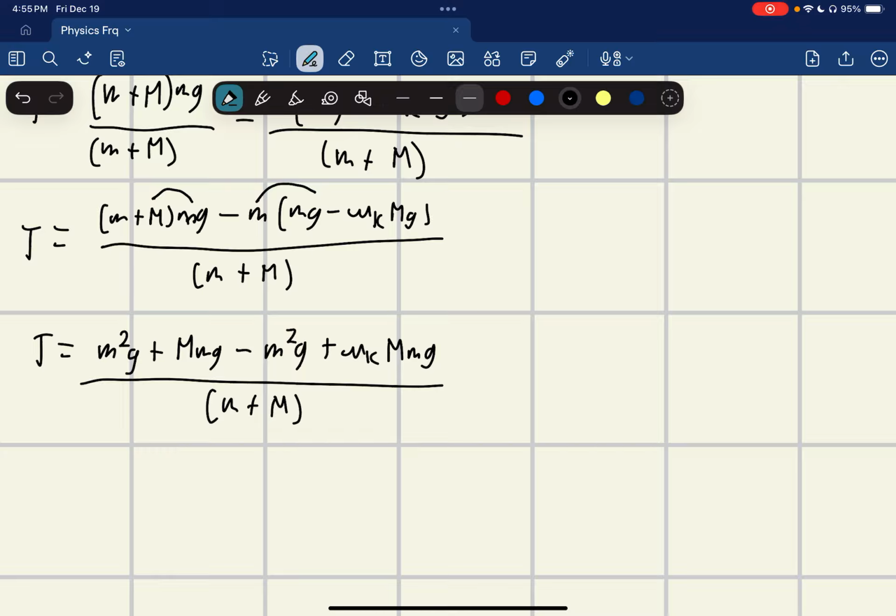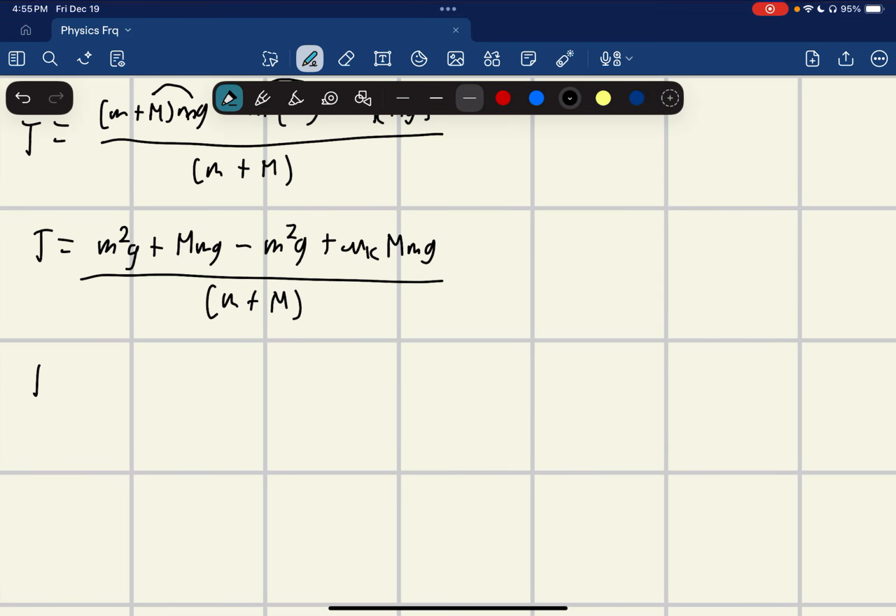And then here the m²g and the minus m²g will cancel out. So then you're left with T equaling Mmg plus μk Mmg all over (m + M).